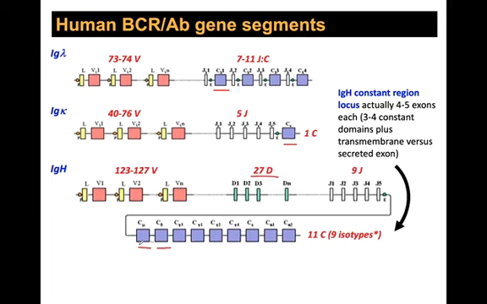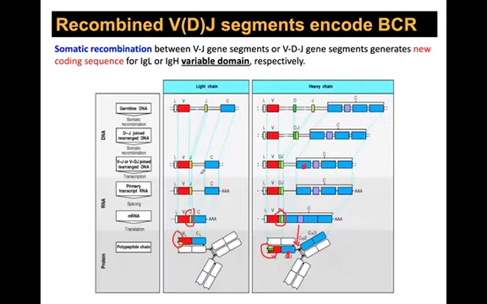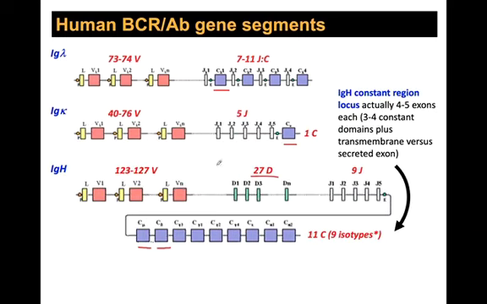In reality, remember, if you go back to the previous slide, the IgM is actually 1, 2, 3, and it has a fourth one, it has 4 constant domains. So technically, these should be drawn as 4 different boxes plus a hinge region.